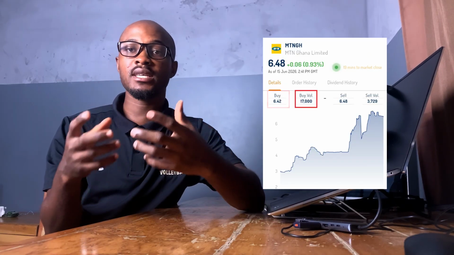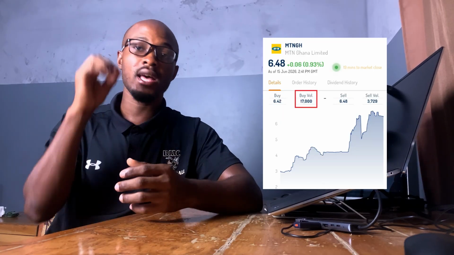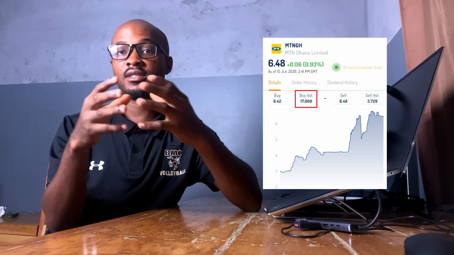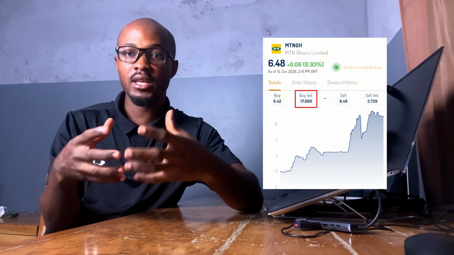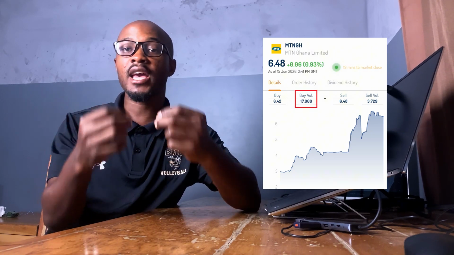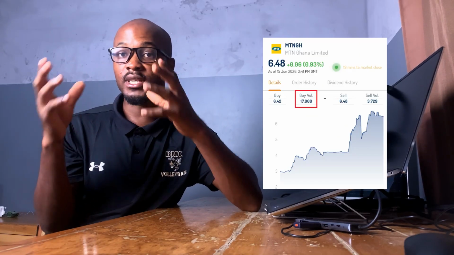The buy volume takes it a step further and tells you how many shares people want to buy at that price. In this case, the buy volume is 17,000, meaning investors have collectively placed orders to buy a total of 17,000 MTN shares at 6 cedis 42 pesos each.